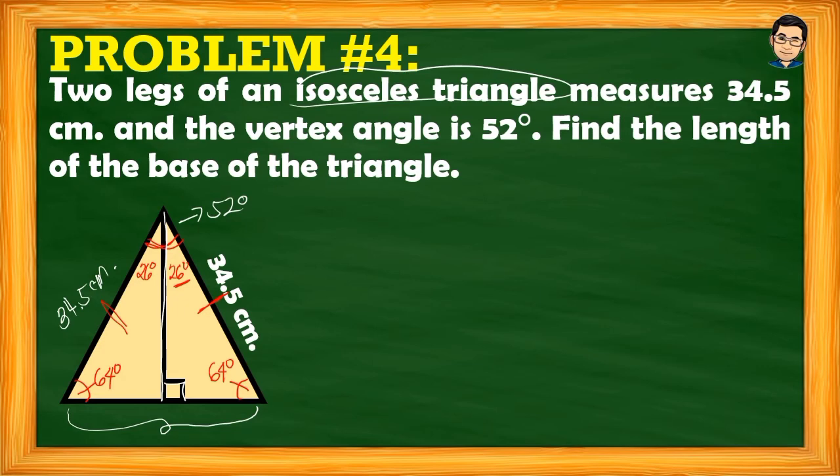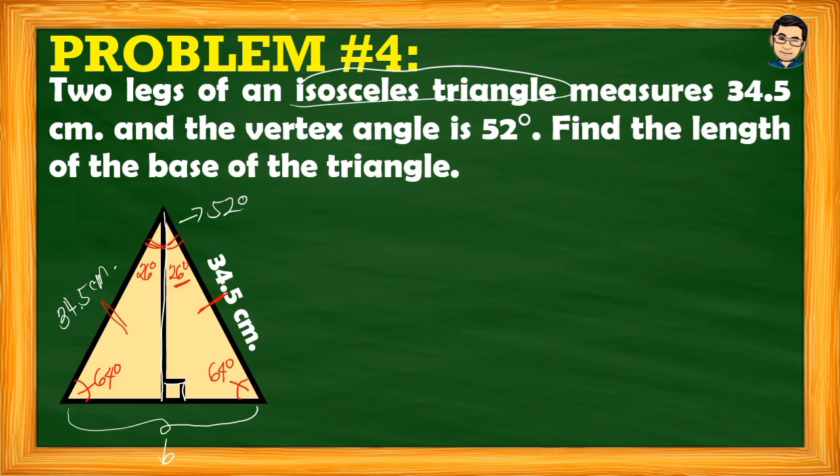Okay. Now, ang kailangan nating kuhanin dito is yung base ng triangle. So, i-denote natin yung base as B. And then, ina-apply natin dito is right triangle, okay, so mahahati yung isosceles triangle sa gitna na magpo-form ng dalawang right triangle.